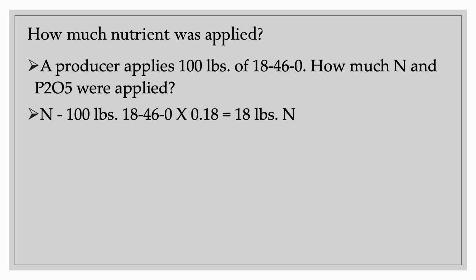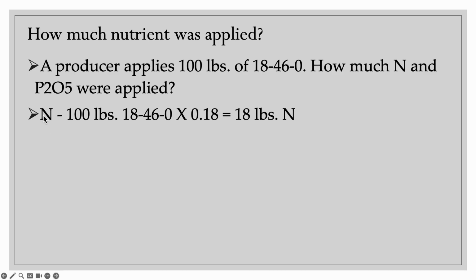If you've already applied the material, you're going to multiply. If you are given a rate, you are going to do rate over analysis, so you're going to divide. If you've already applied, you're going to multiply. And this is just to get students to understand that you're going to actually get a nitrogen credit, and it could even be that you get a phosphorus credit, by using this.